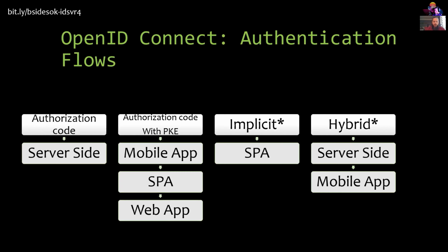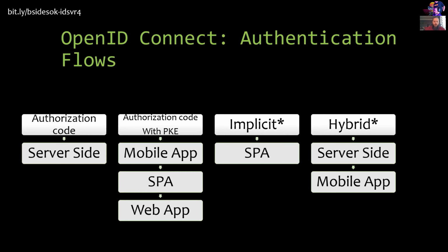This is going to be used for native mobile applications, SPA applications, and web applications, because of the security risk it mitigates. Implicit was the previously recommended flow for SPAs, but is going to be deprecated. And if you can take the time to implement PKCE, it's well worth the protection.